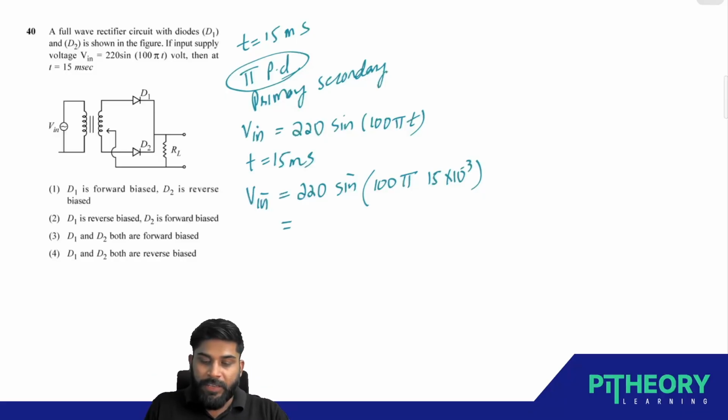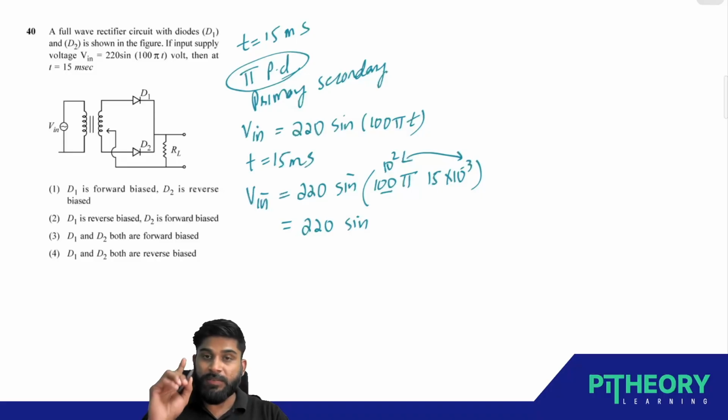So how much is that? It will give you 220 sine of, see here, 100 is 10 to the power 2, and clubbing this with 10 to the power minus 3 you get minus 3 plus 2, which is 10 to the power minus 1.